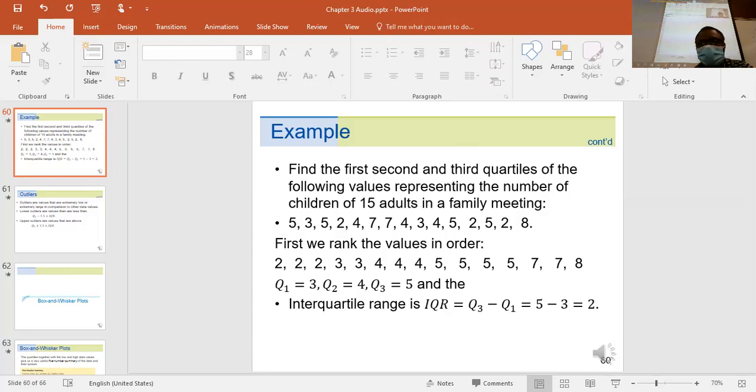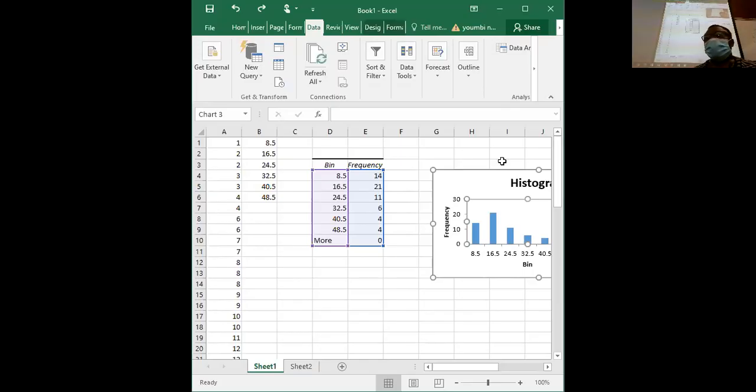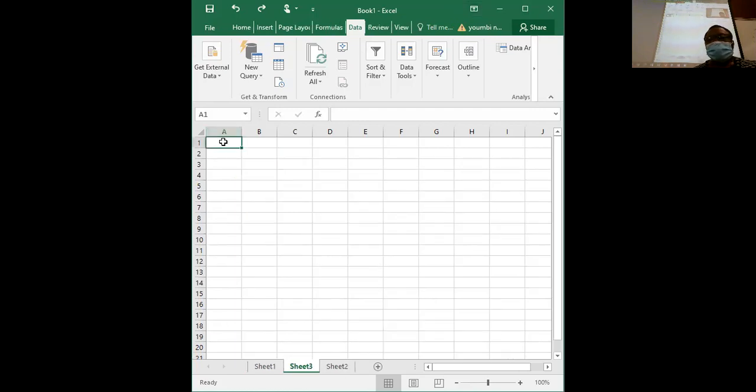I want to use Excel. I want to enter data in A1.